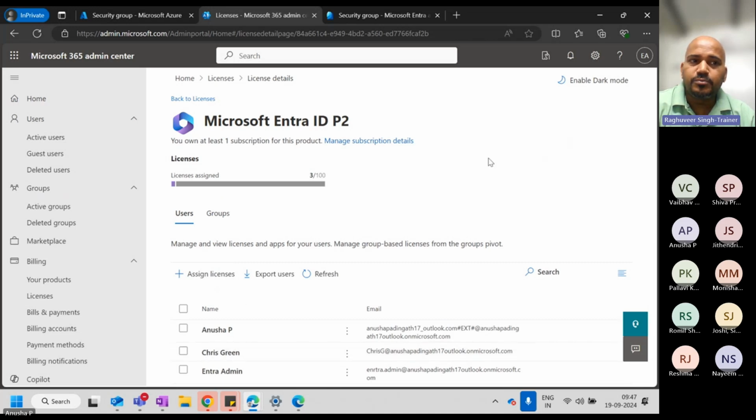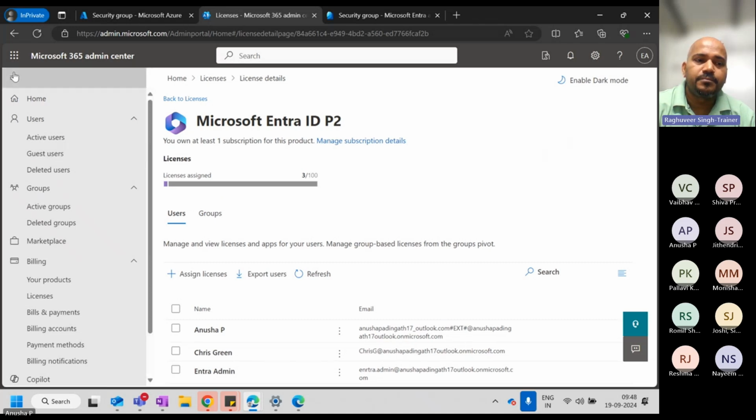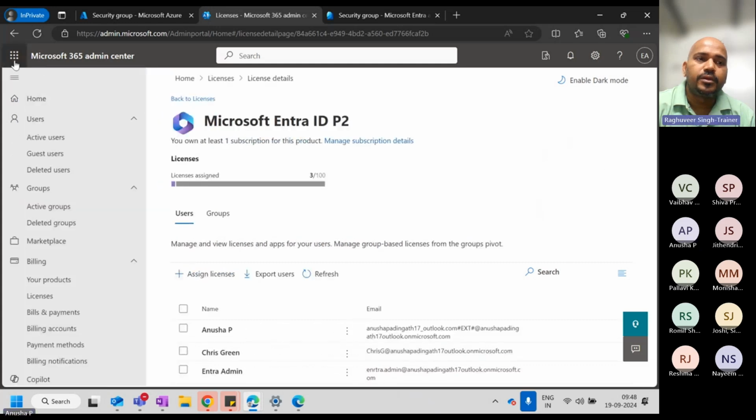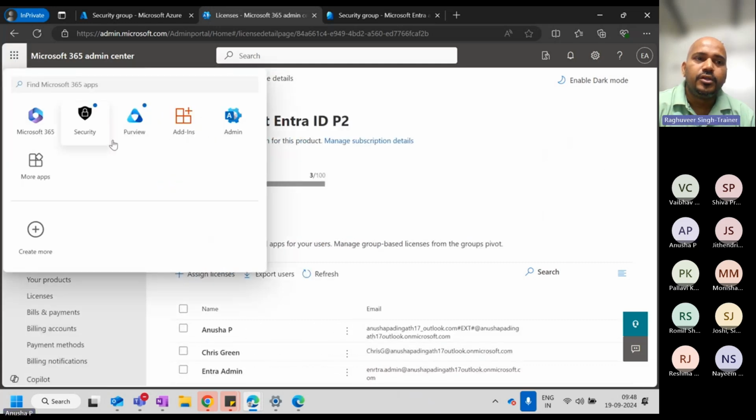Now, when you work with this portal, click on those multiple dots to your left, that cube sign, on the top. Yeah, the cube, over here. So this is where you see additional products of Microsoft, right? If you have a Microsoft 365 license, you can navigate to Microsoft 365.